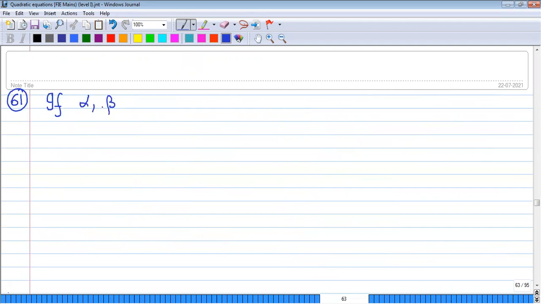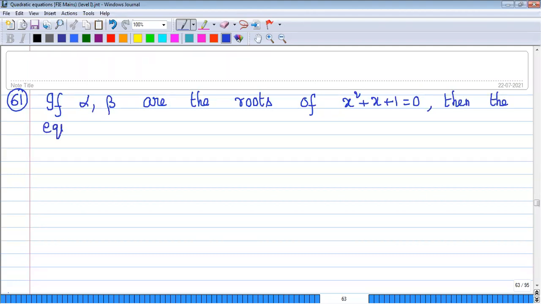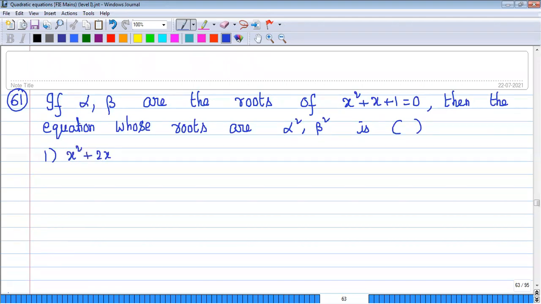If alpha, beta are the roots of x square plus x plus 1 is equal to 0, then the equation whose roots are alpha square comma beta square is: first option x square plus 2x plus 1 equals 0.